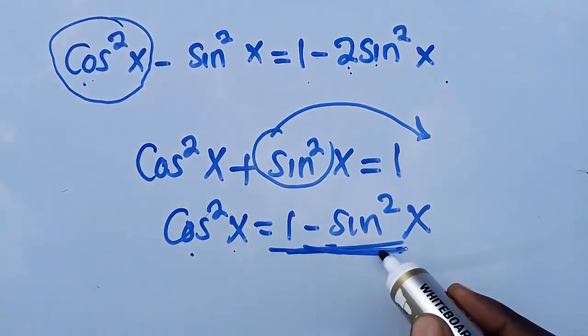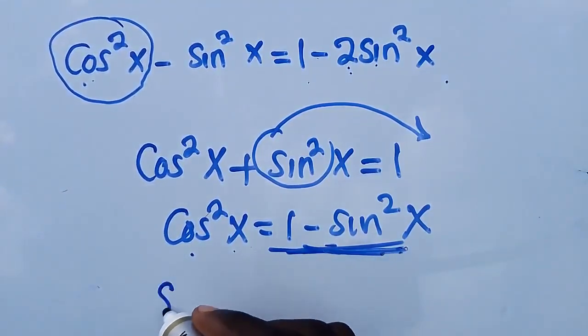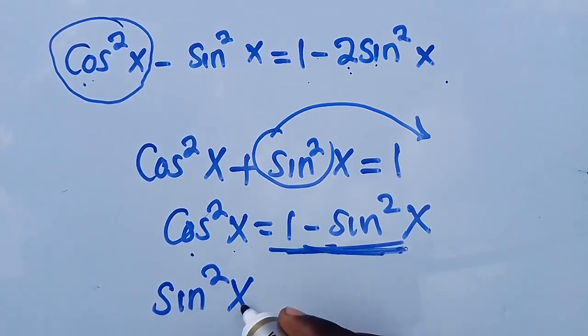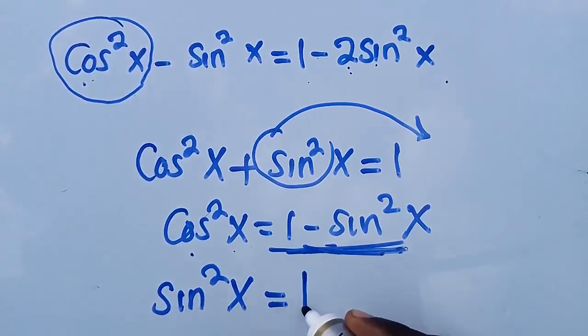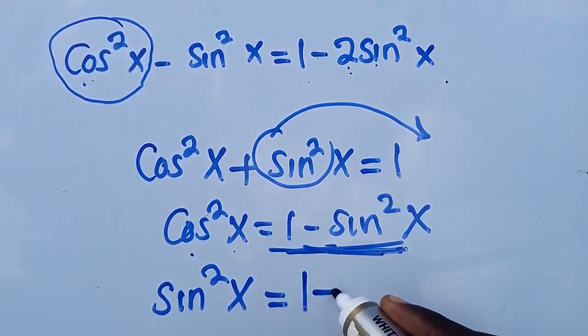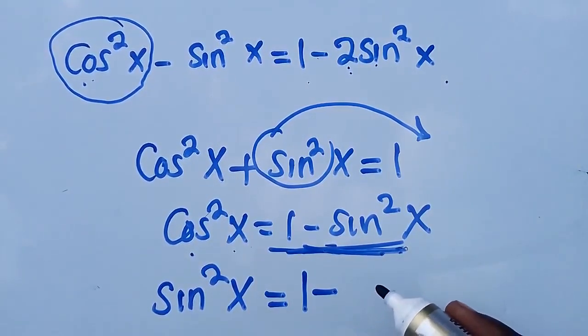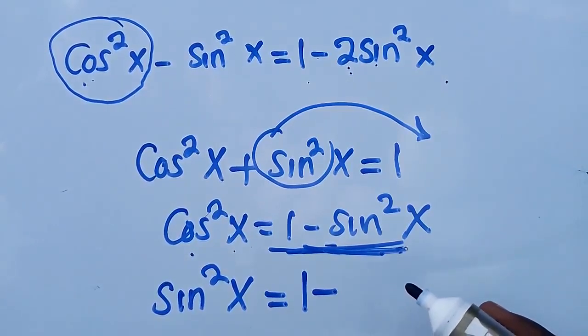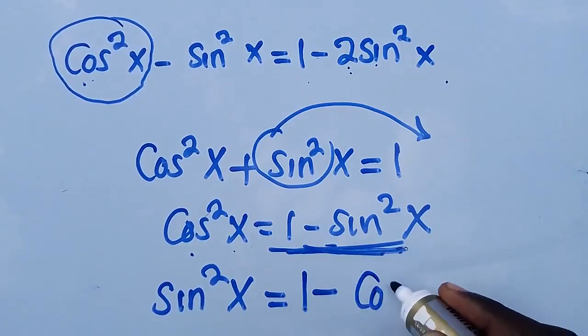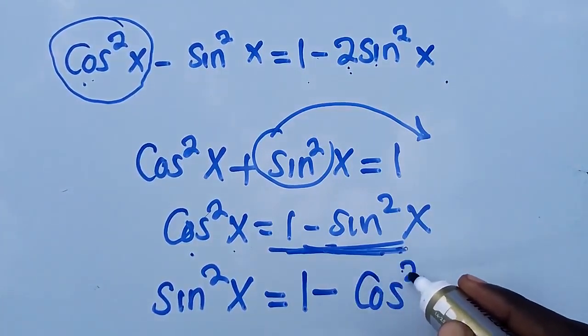Then I want to find sine squared x. Sine squared x is 1 minus what? When you go to the other side, this one is the opposite of that, so sine squared x is 1 minus cos squared x.